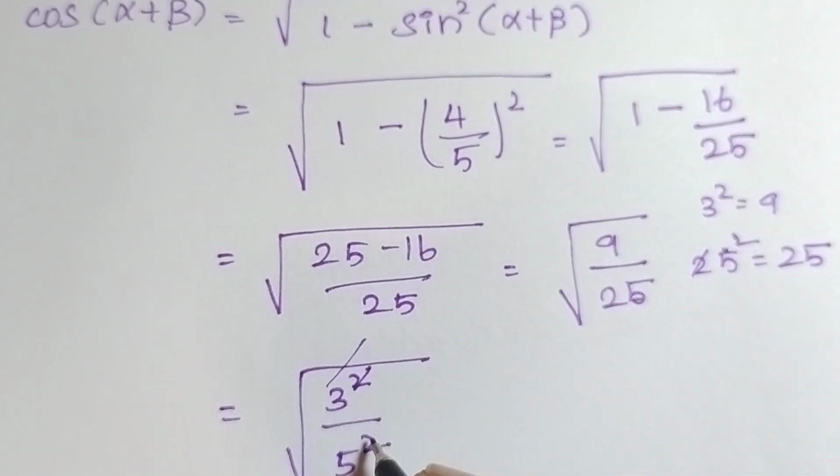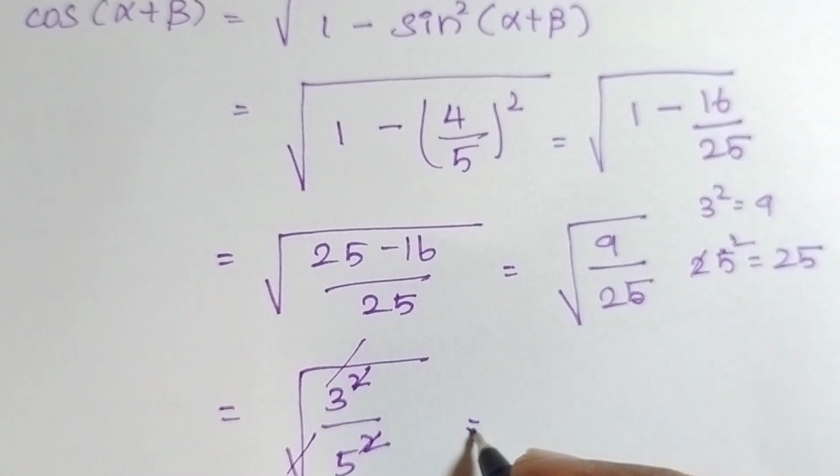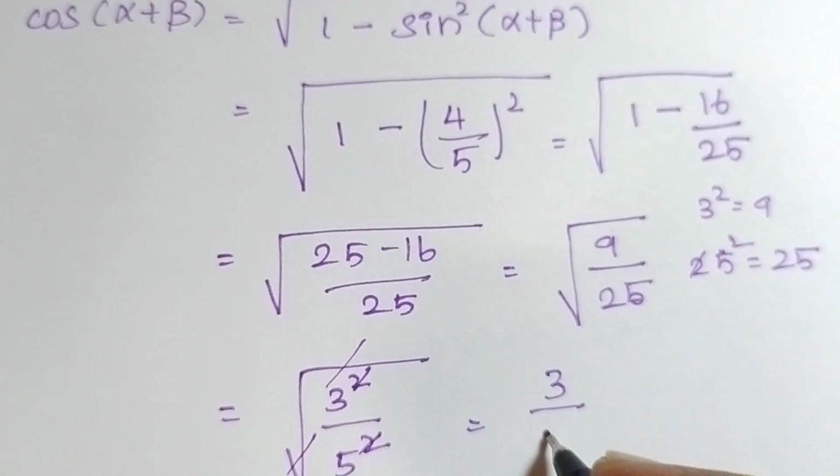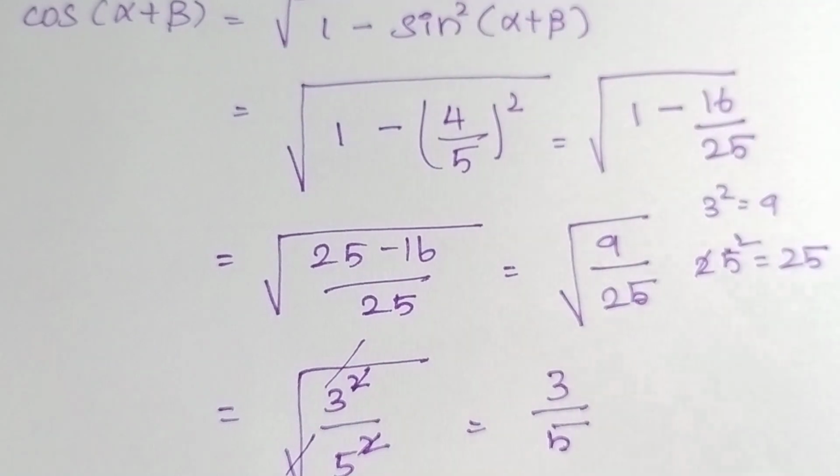The square root and square cancel, therefore I get the value 3 by 5.